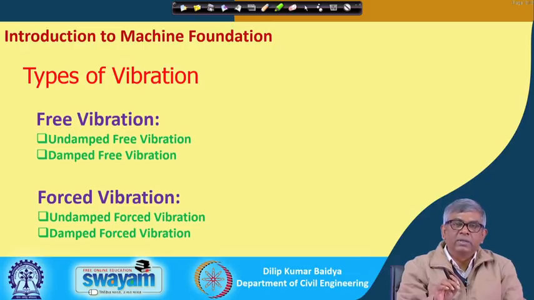The magnitude of vibration will again change with frequency. Every system has a definite natural frequency, and when the operating frequency comes close to that natural frequency, there will be resonance, and during resonance the amplitude will be significantly high.